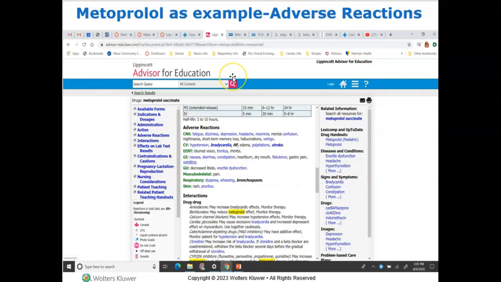So here are some adverse reactions for metoprolol. We used this example earlier, but see how it's broken down into the different systems of the body and how it can affect each system. I would say metoprolol opens up the blood vessels, so it dilates them, which can cause a headache.